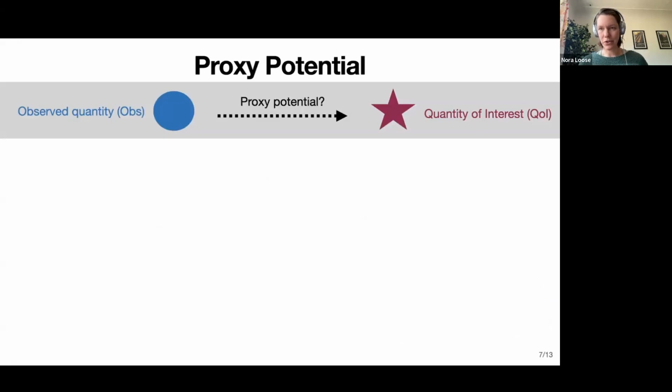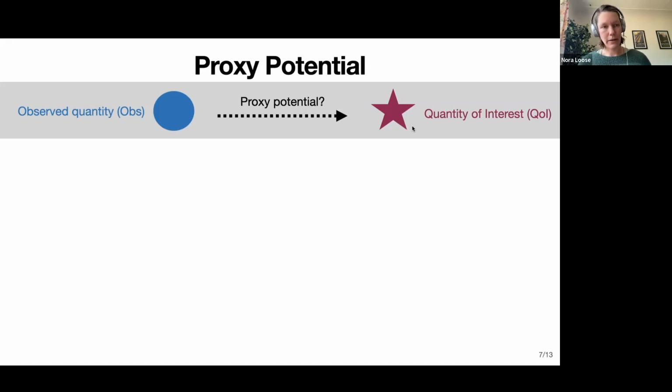So in oceanography, we often look for proxies, right? We want to take observed quantities, salinity, temperature, velocity at certain locations, and ask, can we use them to infer other quantities of interest that might be much harder to observe or maybe impossible to observe, such as ocean transports or future sea level rise or anything like this.